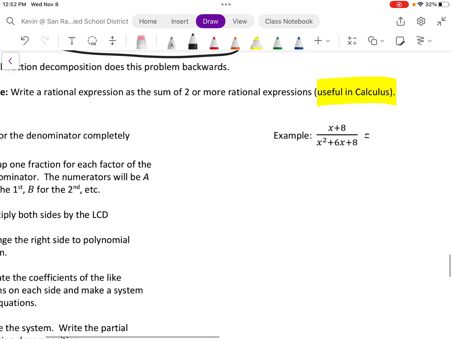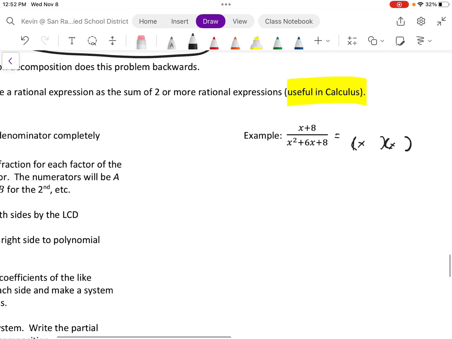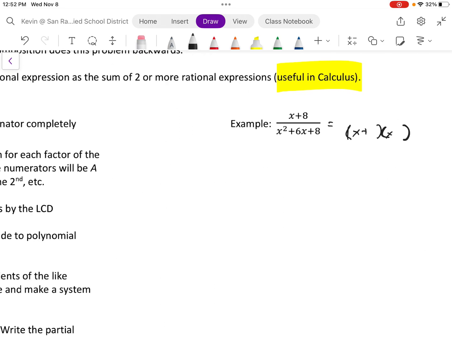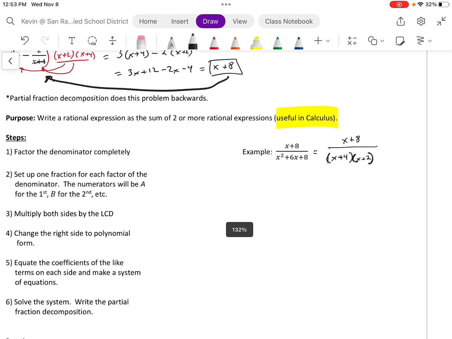So we're going to basically break this up. So we want to factor the denominator. This is where you're factoring. Those of you who struggle with factoring, boy, this is going to be a long year because all we do is factor. Okay, so that's easy factoring to do.